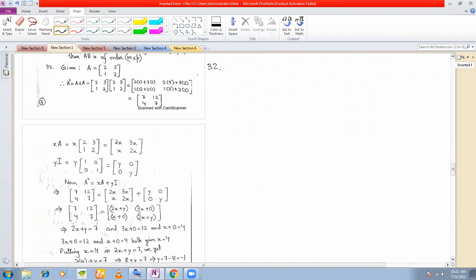Given a is equal to this, if a is equal to 2, 3, 1, 2, find x and y so that a square is equal to xa plus yi.